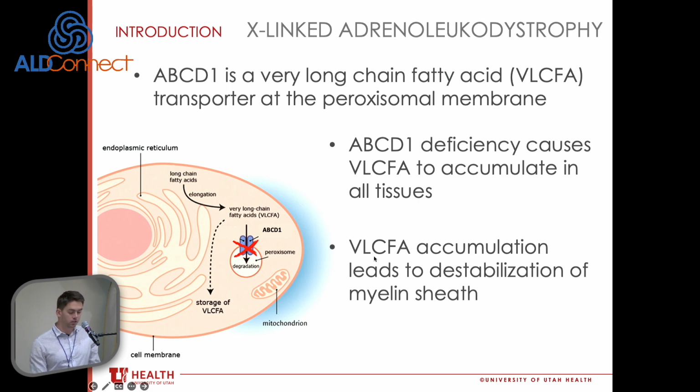This is certainly the most discussed point, as VLCFA accumulation is believed to affect the myelin sheath and potentially lead to demyelination, but there is no clear evidence for this. And there is also no correlation between the severity of the disease and the accumulation of very long-chain fatty acids.